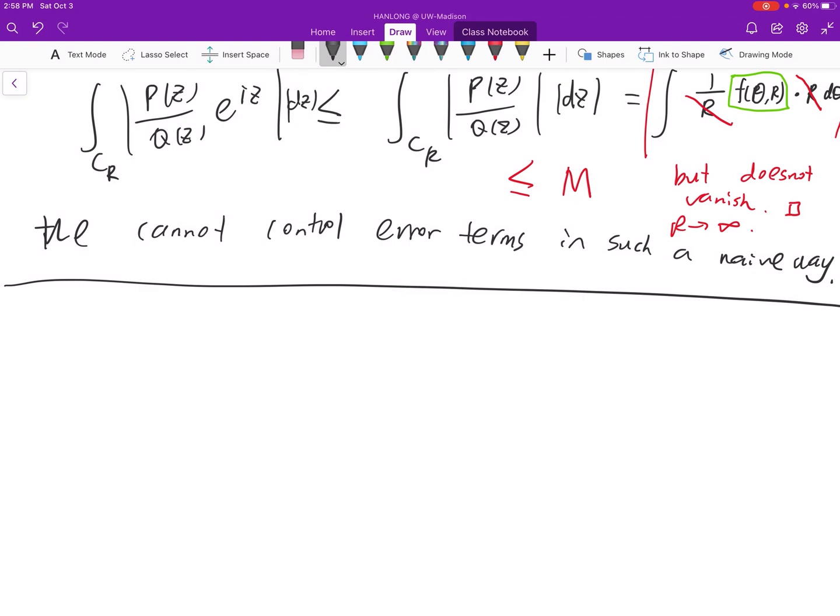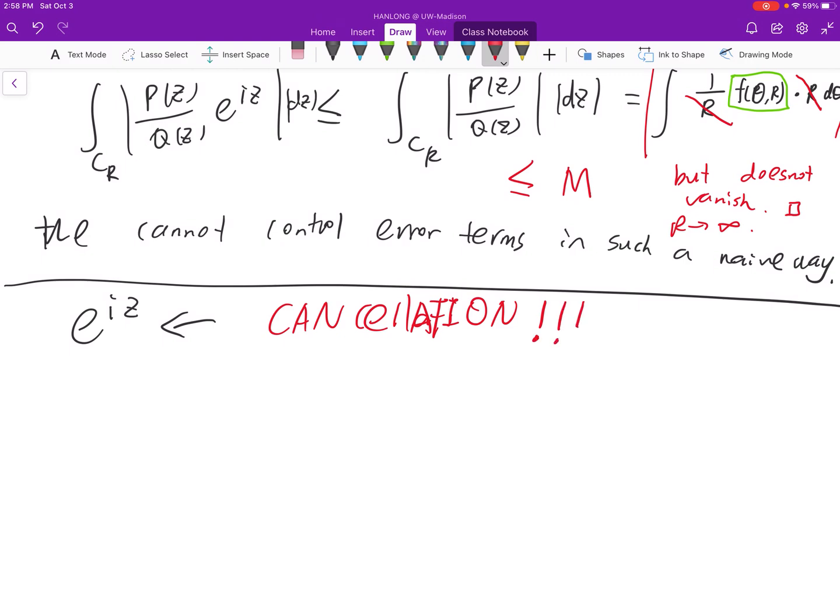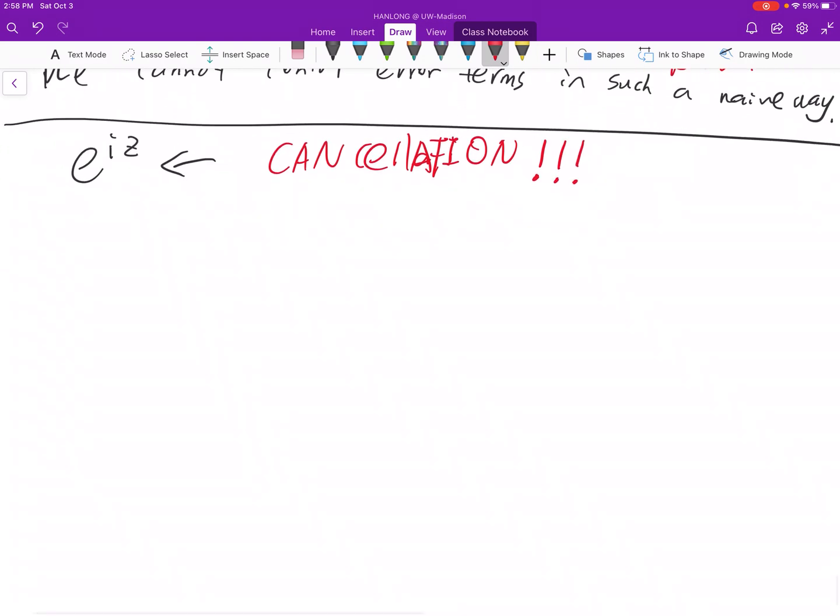A good part of exponential i theta, a key point of Fourier analysis, is that you have cancellation. That means you need to use a special property of exponential i theta coupled with p over q, not do the estimates separately.